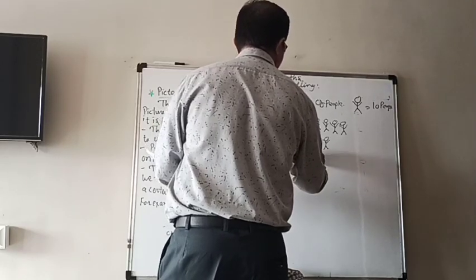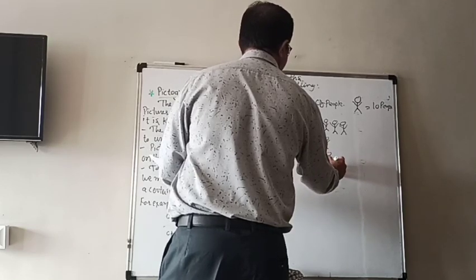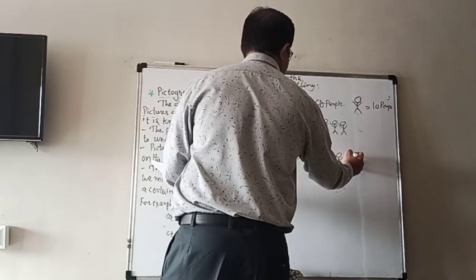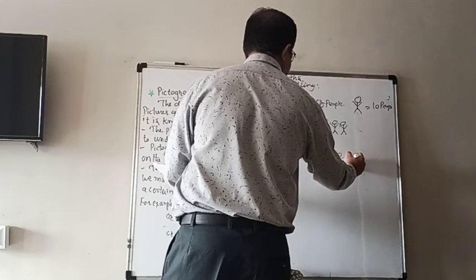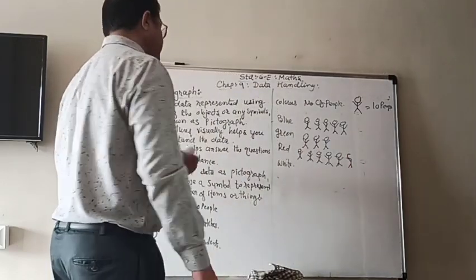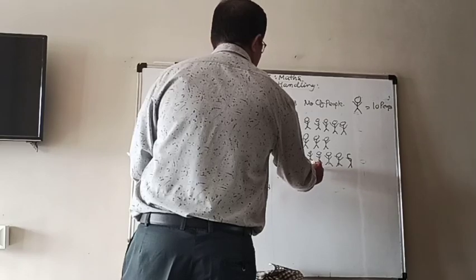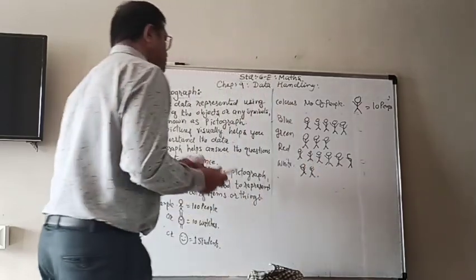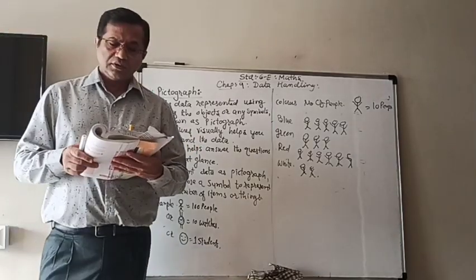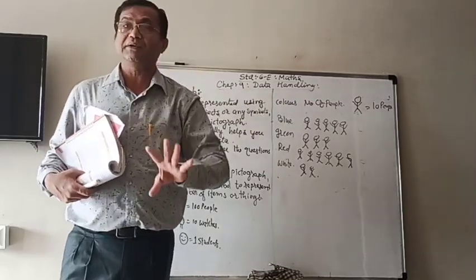So 1, 2, 3, 4, 5 and the 1 is the half. Half means this one, that one, that one and that one. Only one side is given. And in white there are 2 symbols drawn. So now, given that one symbol is 10 people.